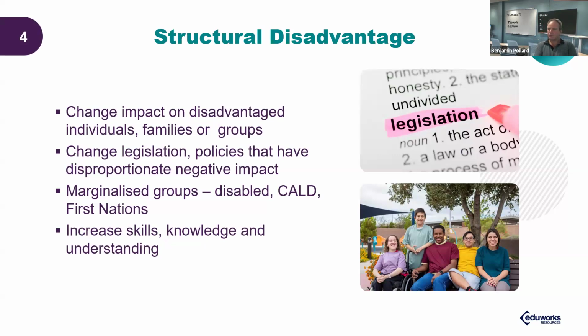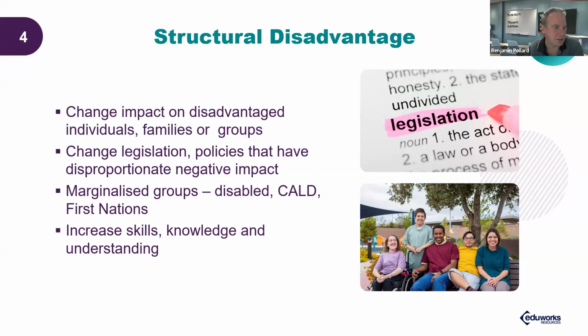Now, we work in community services. A lot of the time, we need to advocate and try to deal with these structural inequities. We're doing that, as it says there, to change the impact on disadvantaged individuals, families, or groups.